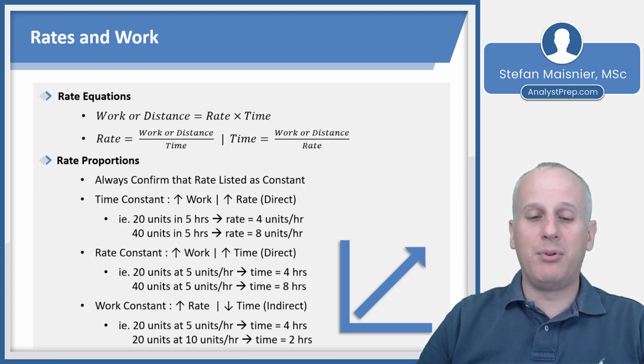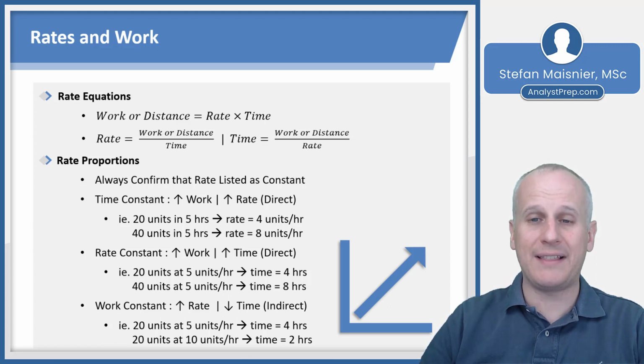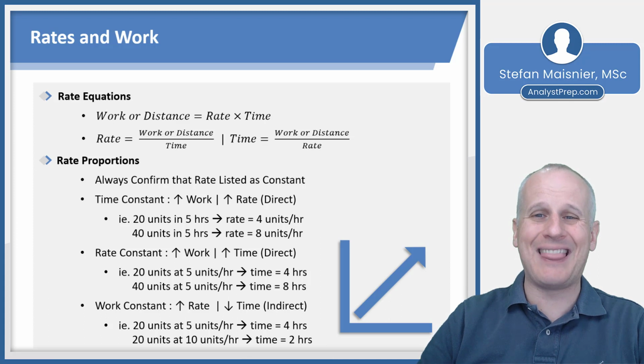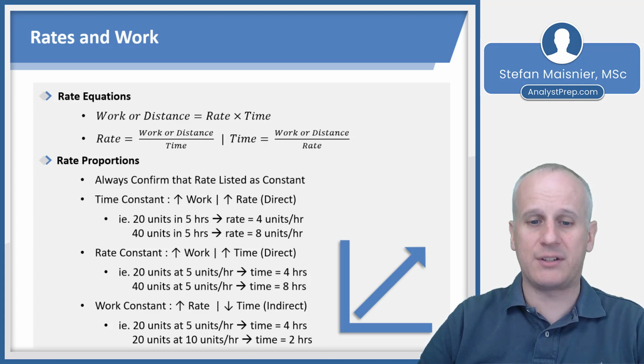But if you double the units per hour to 10, keeping the work constant at 20, the time halves to 2 hours. So one goes double in the amount of rate, and that halves the amount of time it takes. You have to notice that if the work remains constant, your rate goes one direction and your time goes the other direction, using the same multiplier or factor, as we'll see in a moment.